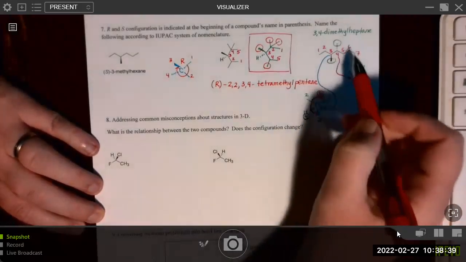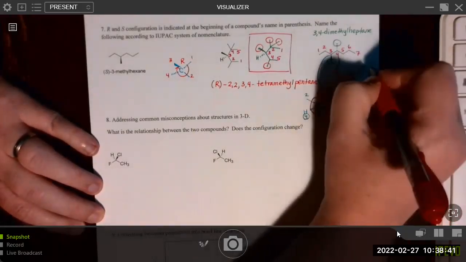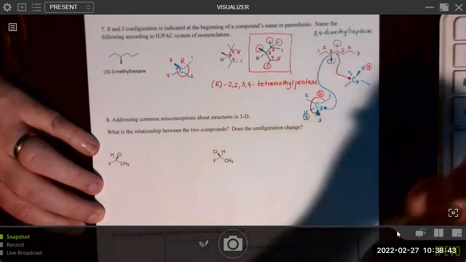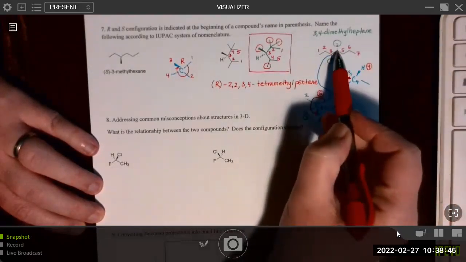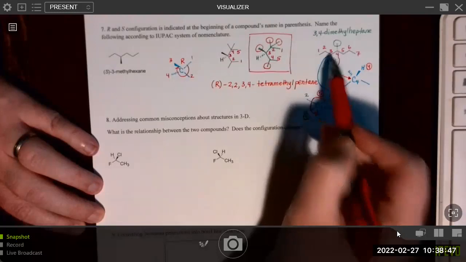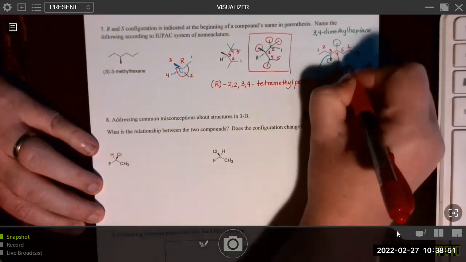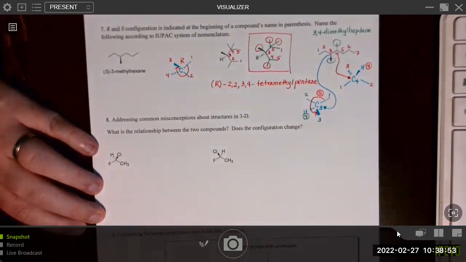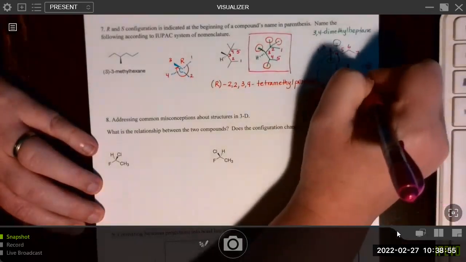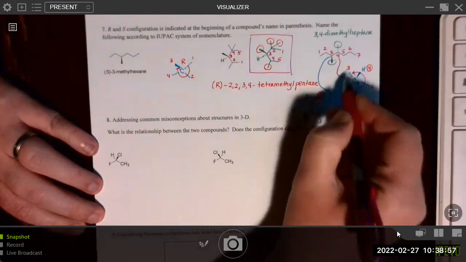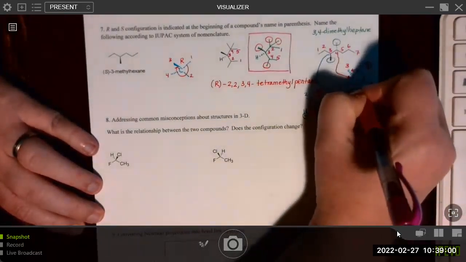And then in terms of priorities, we know the hydrogen will be the 4th priority. And then we have methyl, and then the 2 carbons in this direction. We'll do 1, 2, and 3. We can do 1 to 2 to 3. And again, this is counterclockwise and also S.